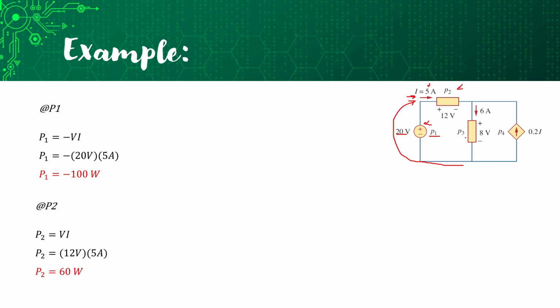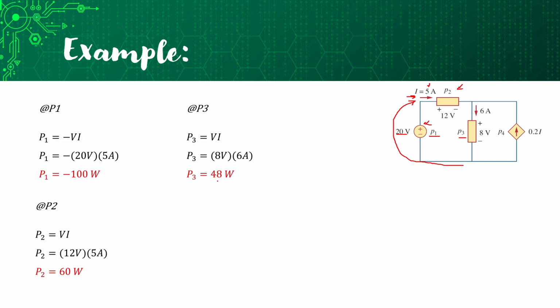Next is P3, which is here. Checking again, the current is entering a positive terminal, so the power is positive. Substituting 8 volts and 6 amps, we get 48 watts.